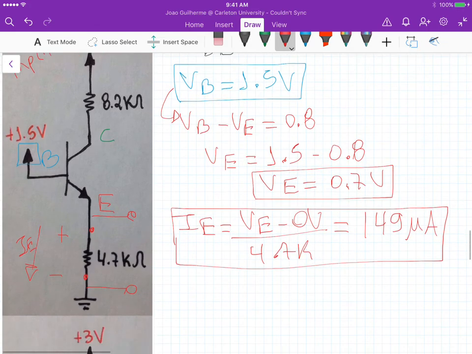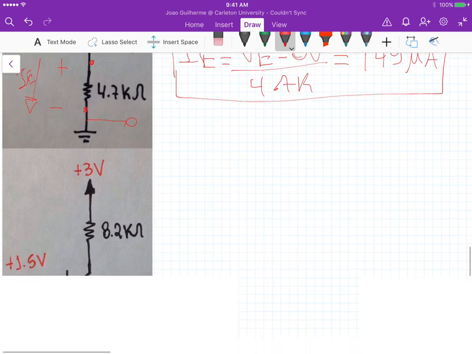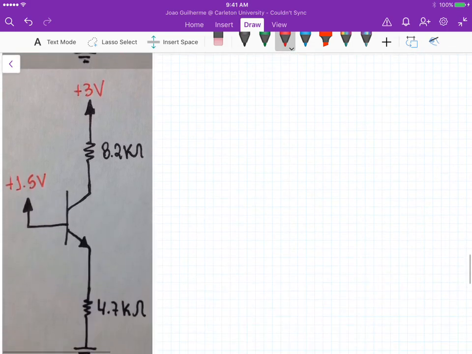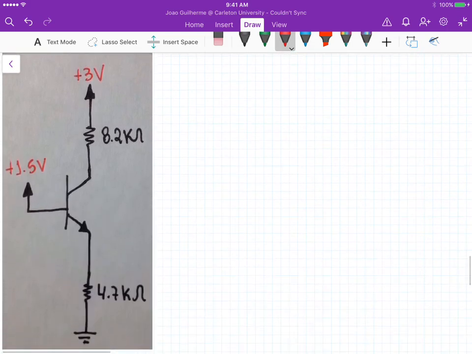Now, because we know IE, we can calculate IC using the common base current gain, alpha. So at the collector here, we can calculate the collector current as alpha times IE.